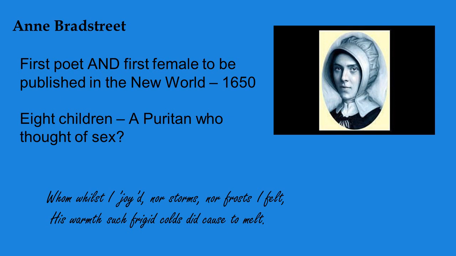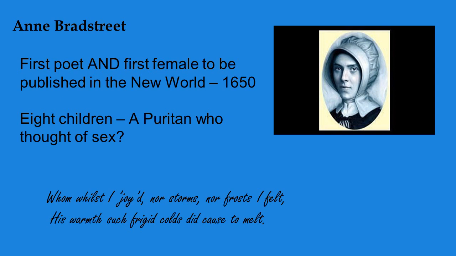She did have 8 children with her husband, but she didn't have kids just because that was supposed to be her job as a woman in the colonies. According to her, she had a sexual relationship with her husband because she liked it. And women didn't talk about sex back then. So Anne Bradstreet somehow, some way, by some miracle, got her stuff published. And women of the colonies were amazed by it.